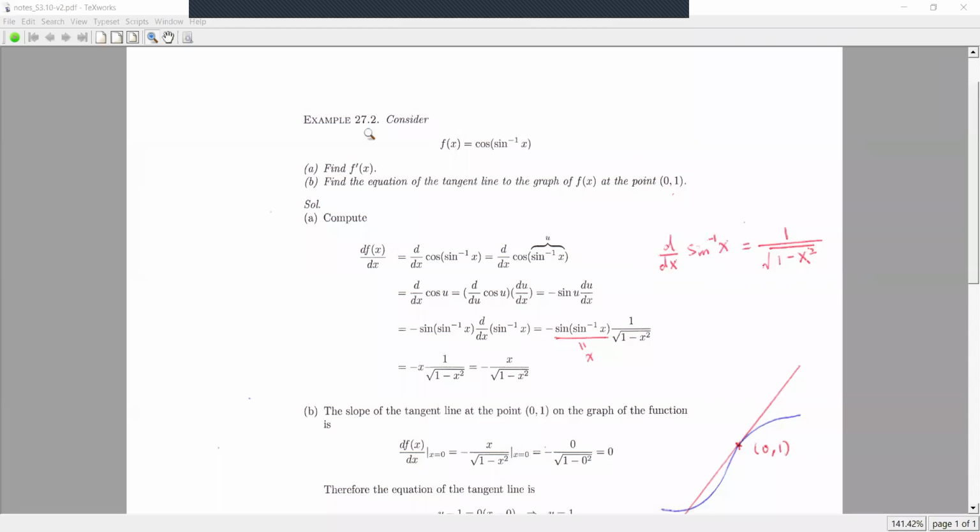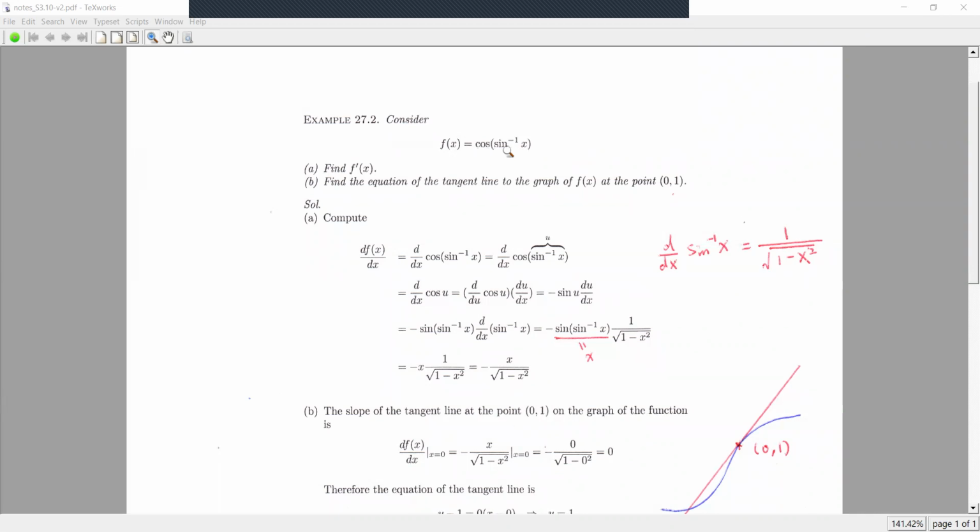Here is one example about the derivative formulas of inverse trigonometry functions. Consider this function. This function is not a product, not cosine times inverse sine. This function is a composite function.